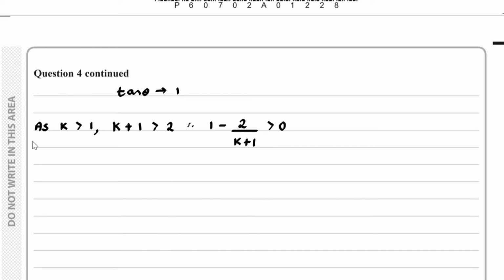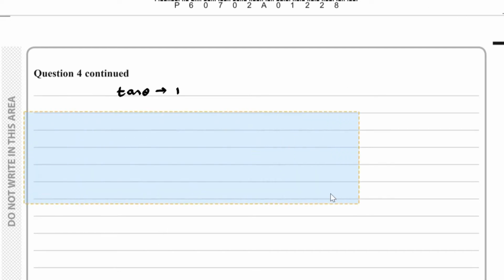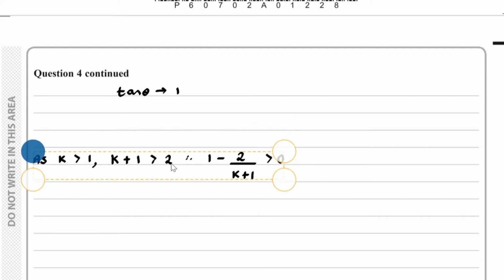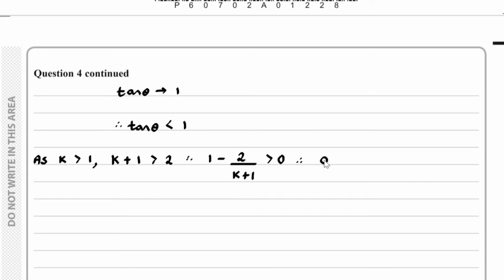And so what we can say then, we've got certain conditions. We've got this condition that tan theta is less than 1 because it approaches 1. And we've also got the condition that 1 minus 2 over k plus 1 is greater than 0. In other words, tan theta is greater than this value here.